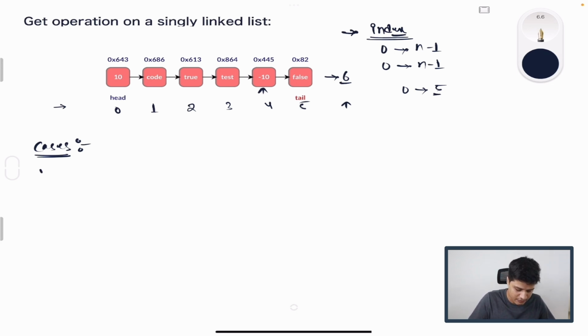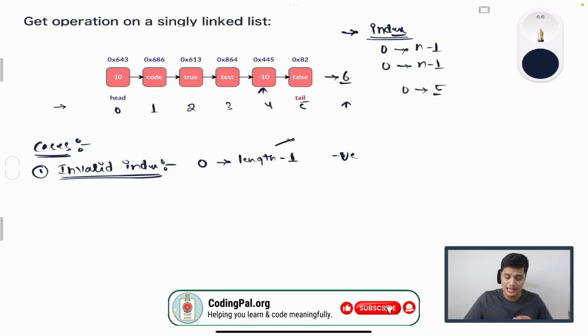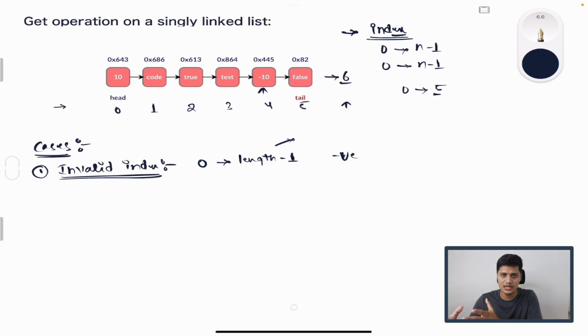As the first case, let's handle invalid indexes. The minimum possible index is 0 and the maximum possible index will be the length of the linked list minus 1. So any negative values or any values beyond the length of the linked list minus 1 are invalid indexes, because the nodes are available only at index 0 till the length of the linked list minus 1.